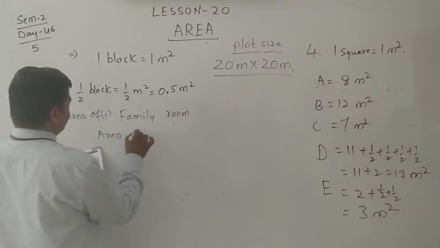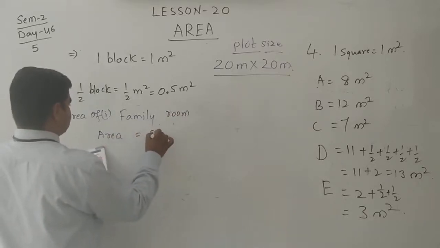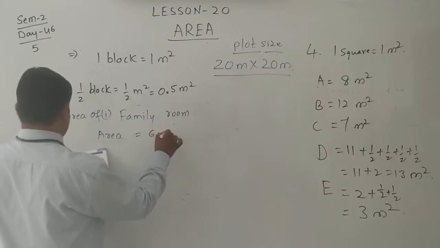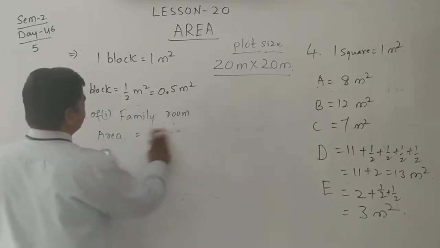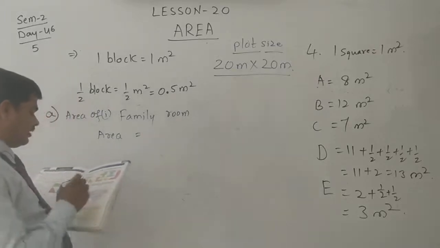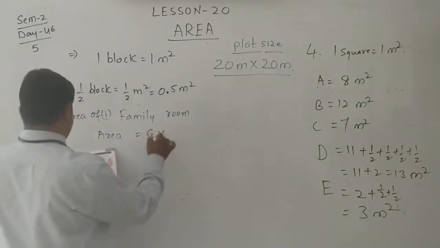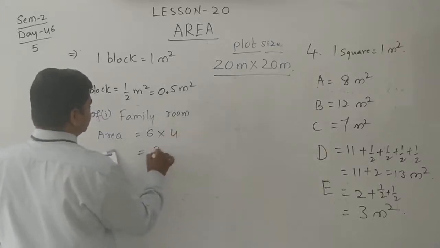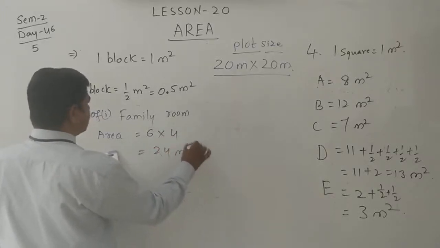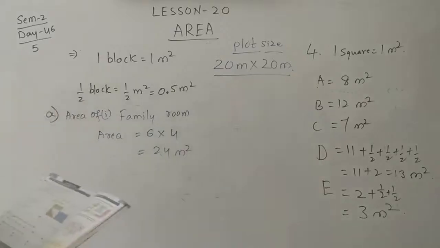Area of family room is 6 into 4, by counting directly or by formula. 6 fours are 24 meter square. Area of family room is 24 meter square.